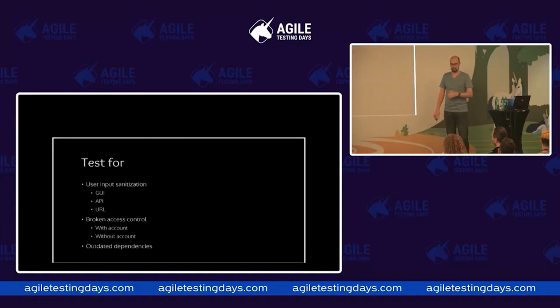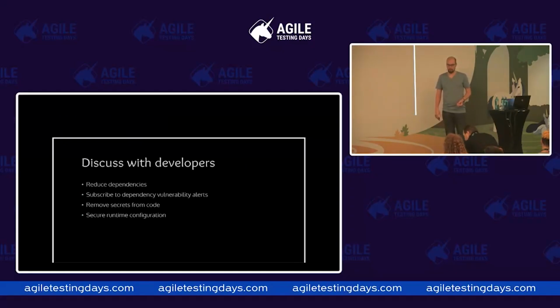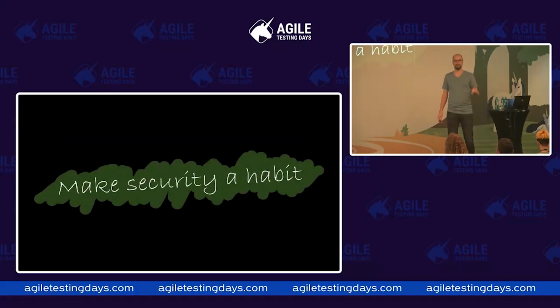And these are the things you can test for: the user input sanitization, the broken access control, and the outdated dependencies. This is the list of stuff to discuss with your developers. But above all, if you only take away one thing from today, it is to make security a habit in your team.